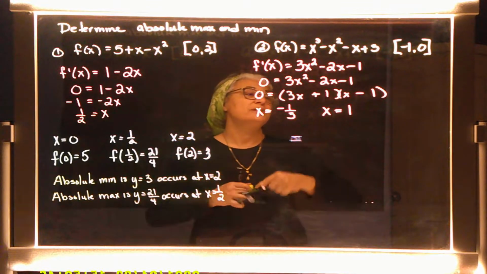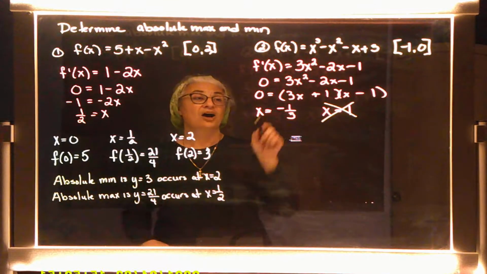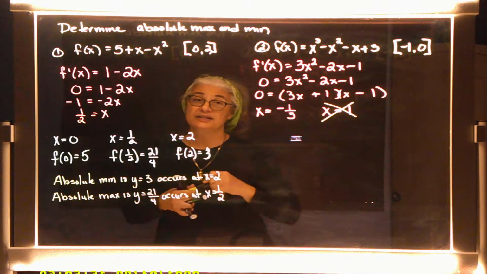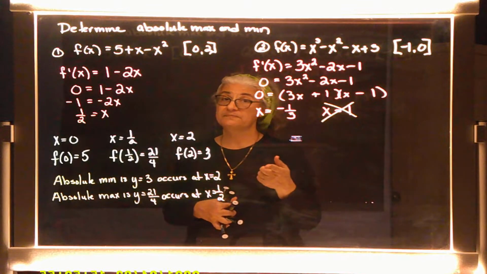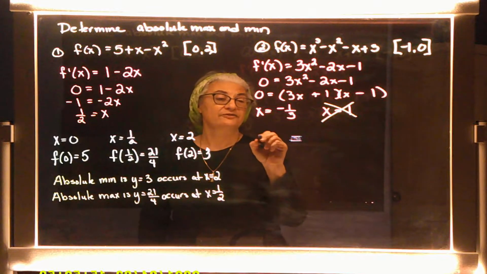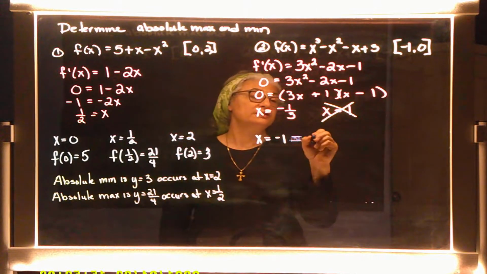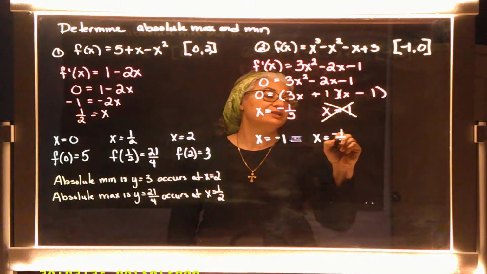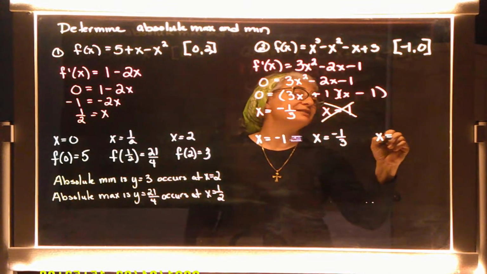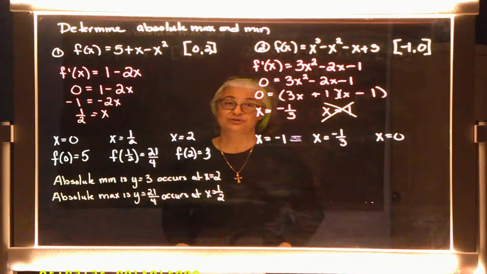No, and since the 1 does not fall within this interval, I can't use it. All I can use is that x equaling negative 1/3. With me? Okay, so now I have x is equal to negative 1, x is equal to negative 1/3, and x is equal to 0. I have 3 x's that I can use.